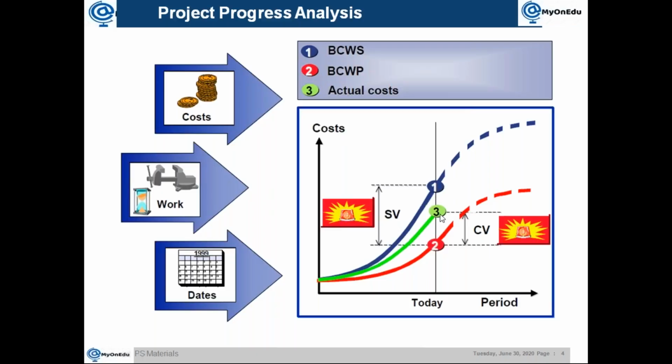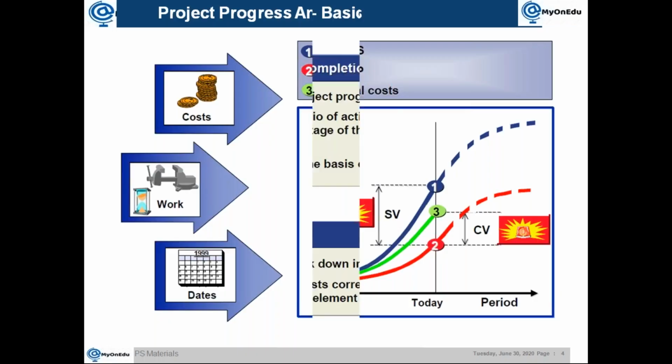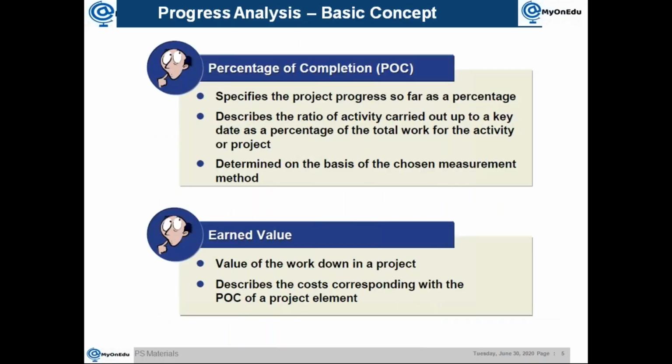Now, what normally happens in real life? From an SAP perspective, we have a different concept which we need to understand. First, the S curve, or you can say the earned value calculation, is based on a term known as percentage of completion.